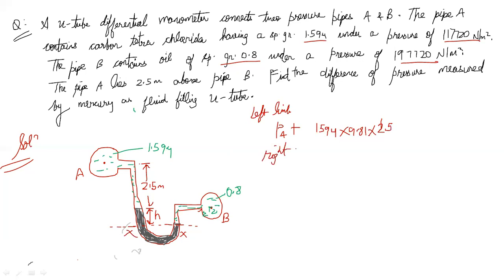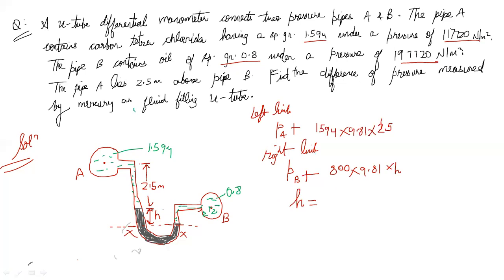In the right limb, my pressure is pressure at B plus density of this liquid, that is 800 at B, into g into this height H. If I equate both of these, I'll be able to determine the height difference in both the columns, and using this I'll be able to find out the difference of pressure measured by mercury.